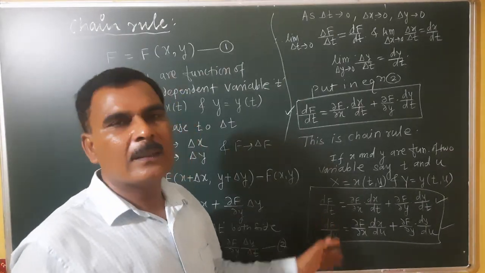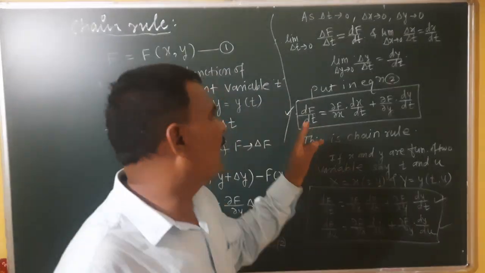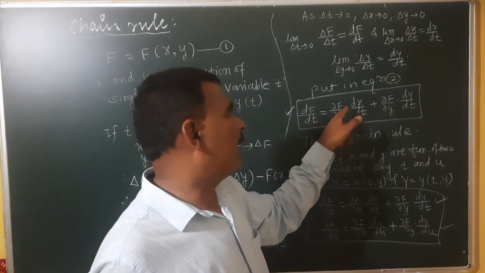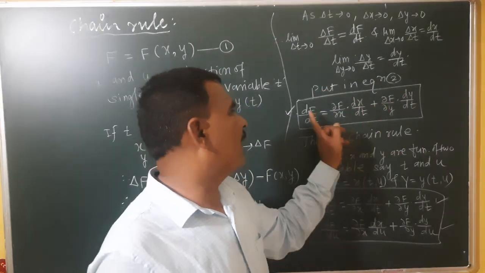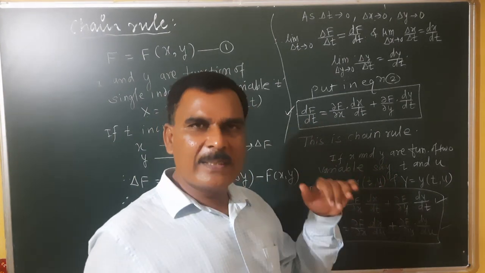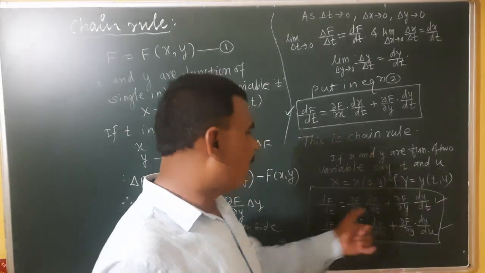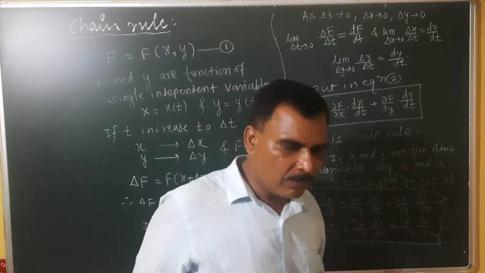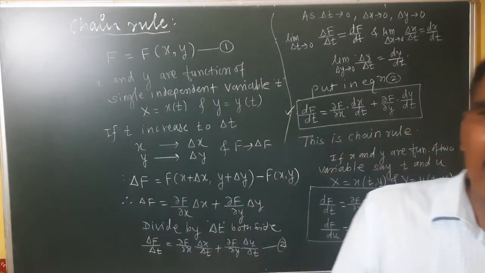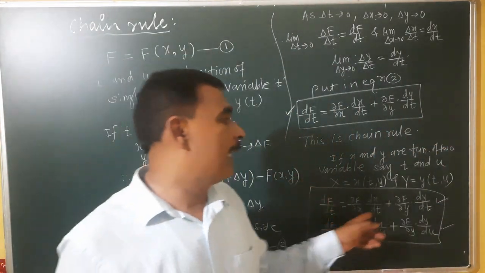For two variables, one is t and the other is u. First for t, this is the first equation. We replace t with u for the second one, and this way we write the chain rule for x and y as functions of a single variable and of two variables.